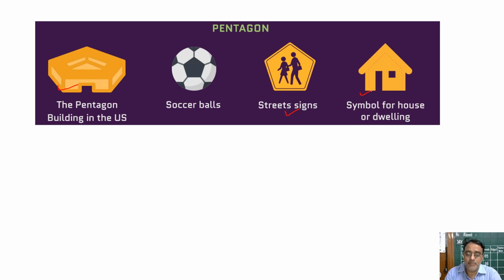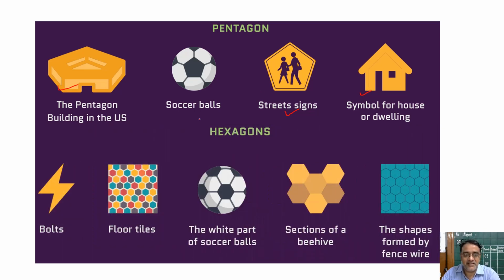Hexagon, जो ball है वो hexagon shape में भी आता है. So this is the hexagon. Bolts, floor tiles, the white part of the hexagon. Okay, this is also a hexagon. The sections of a beehive. The shapes formed by fence wire. See, all the shapes are hexagons, right?